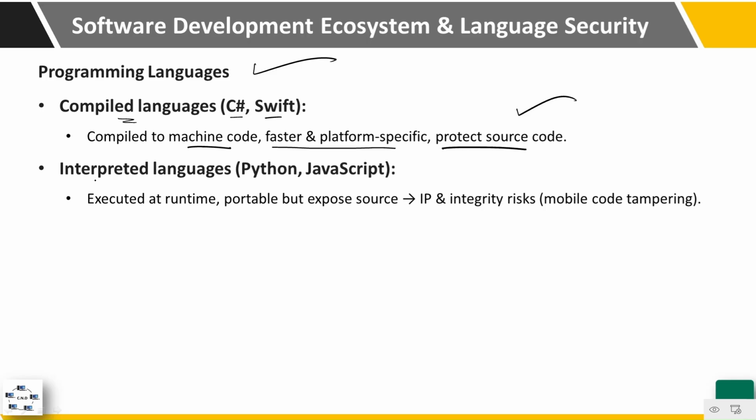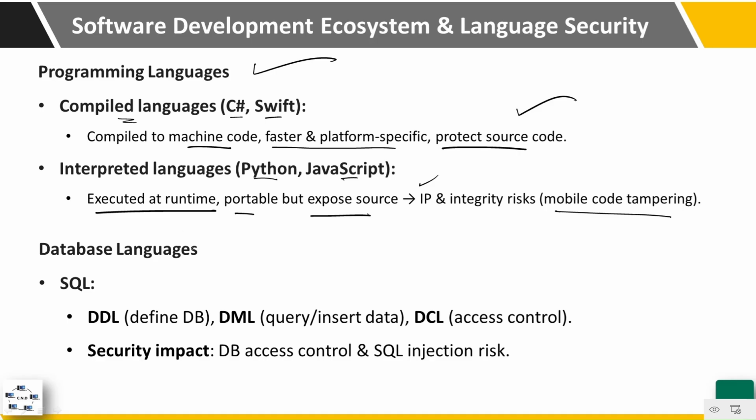On the other hand, we have interpreted languages such as Python and JavaScript. The source code is executed at runtime. They are portable, but they also expose the source code. So we have intellectual property or integrity risk, such as mobile code tampering.